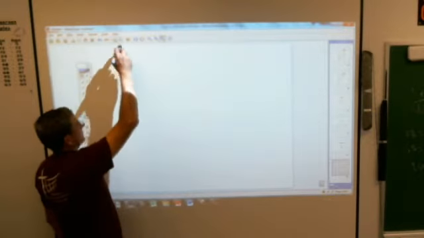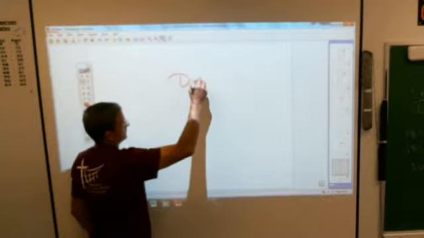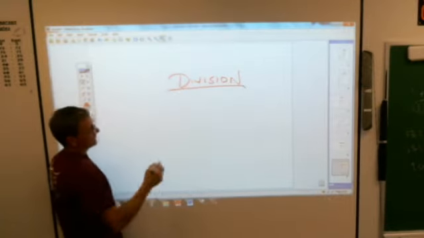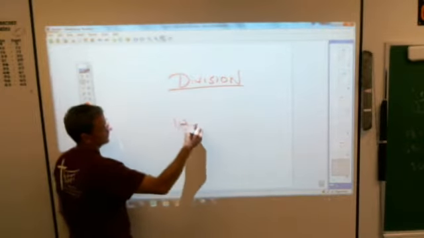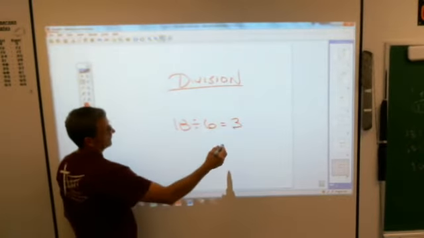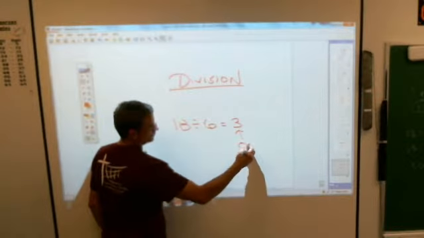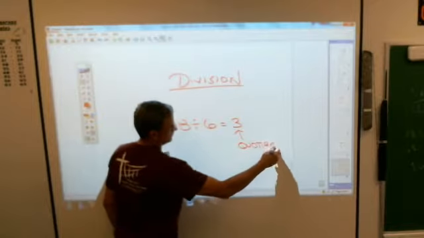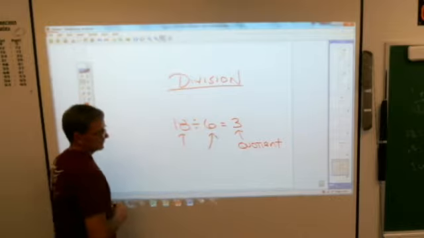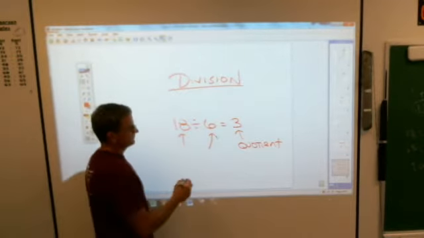And last but not least, we have division. Division's obscure, but not quite as bad as subtraction. 18 divided by 6 is 3. Most people know the answer to a division problem is called the quotient, but most people don't remember what these two things are called. The 6 is, Brady, dividend?